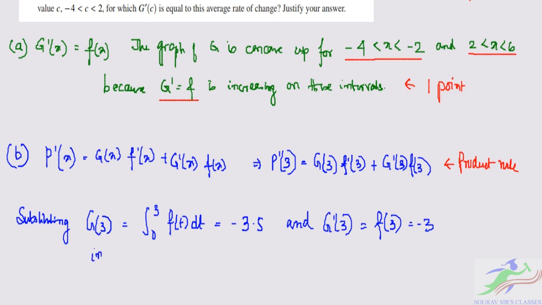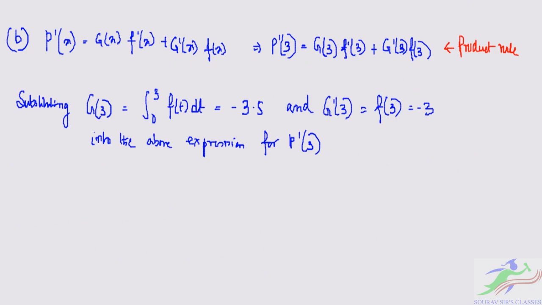If we substitute these into the above expression for P prime of 3, we just put the values in. So P prime of 3 is -3.5 times 1 plus (-3) times (-3), so it is 9 minus 3.5, which is simply 5.5. This is the answer.